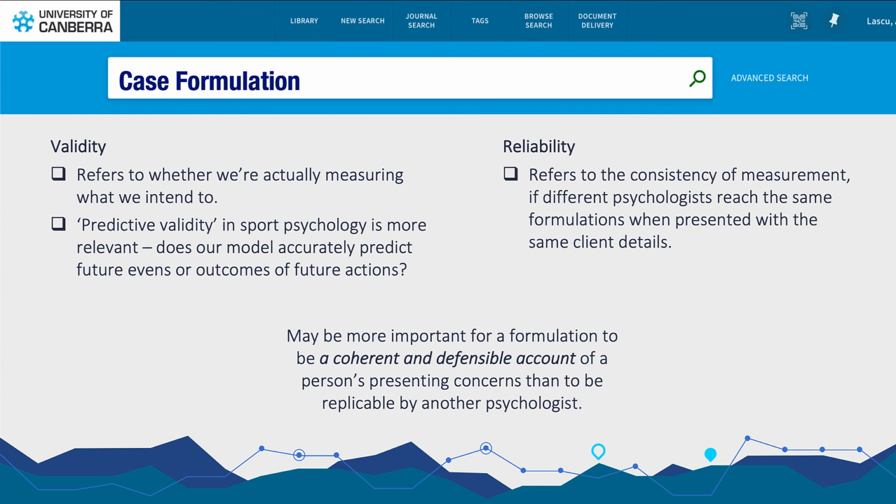Reliability in this case means that different psychologists reach the same formulations when presented with the same client details, and it actually may be more important for a formulation to be a coherent and defensible account of a person's presenting concerns than to actually be replicable by another psychologist. So we also need to consider what we're trying to do in this situation and why.